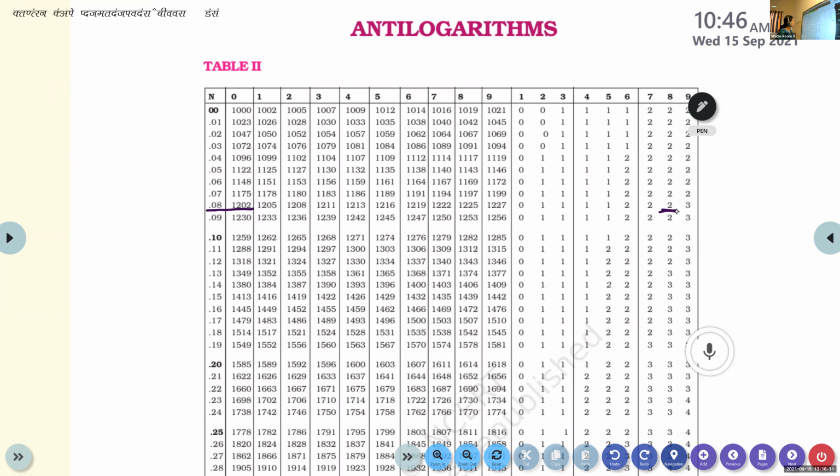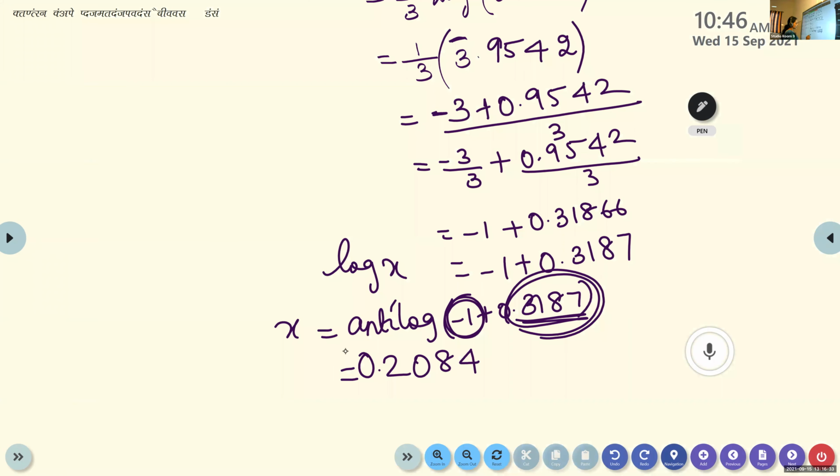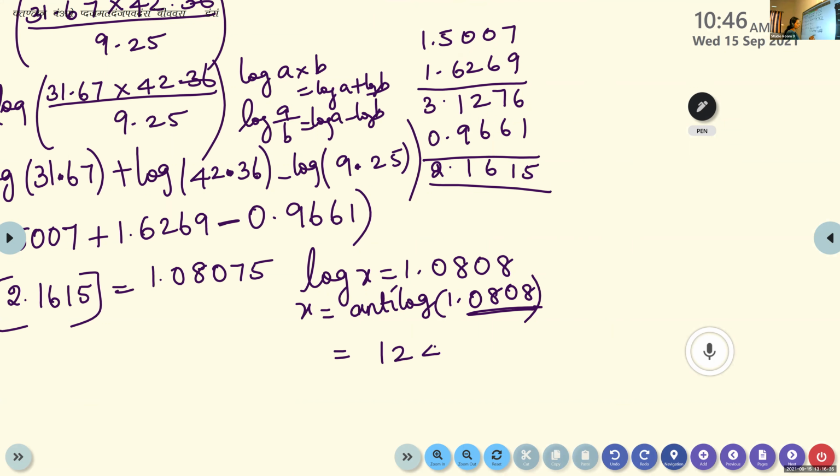What is the answer you will get? 1202 plus the common difference 2, so you'll get 1204. Okay, we get 1204. So substitute here.